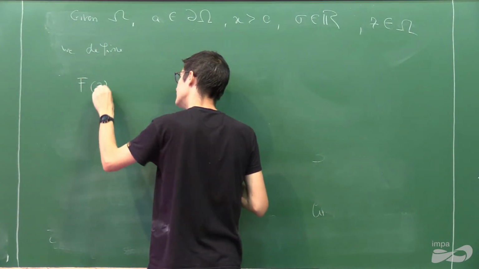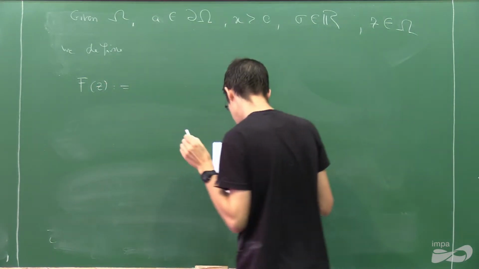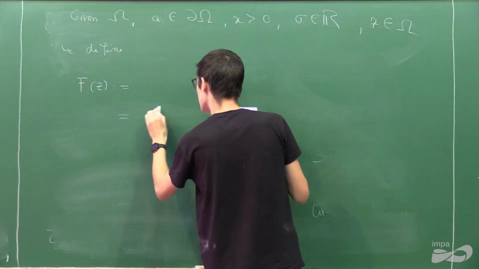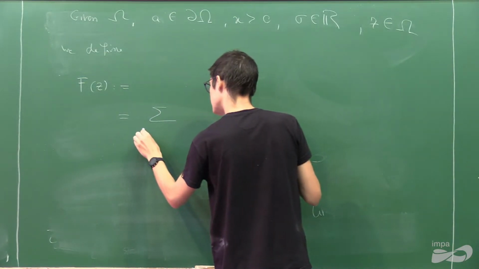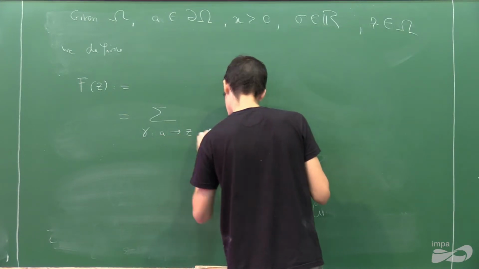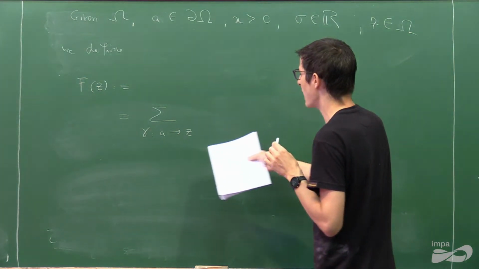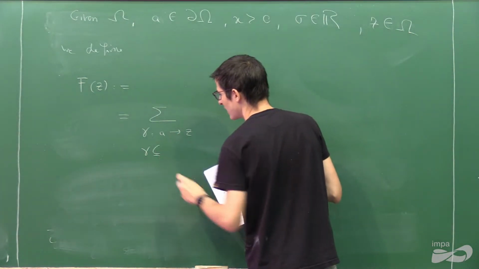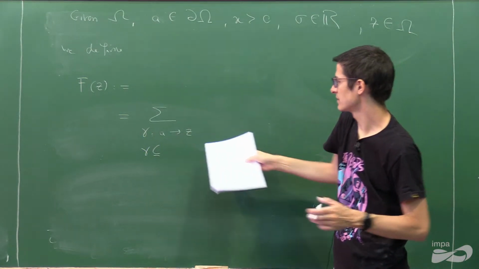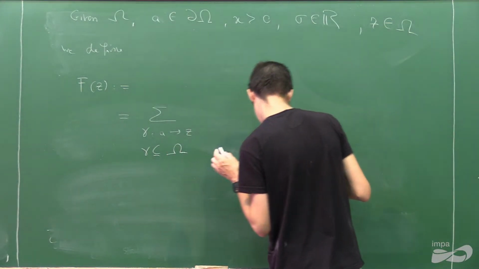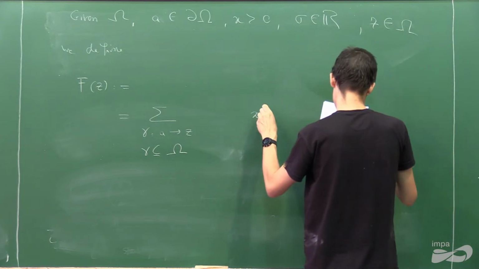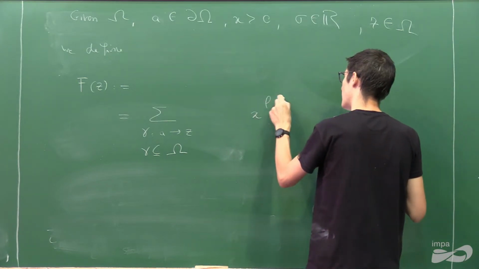F of z is defined by the sum over all paths, over all self-avoiding paths gamma from A to Z, which are included in omega, of, well, x to the length of gamma.